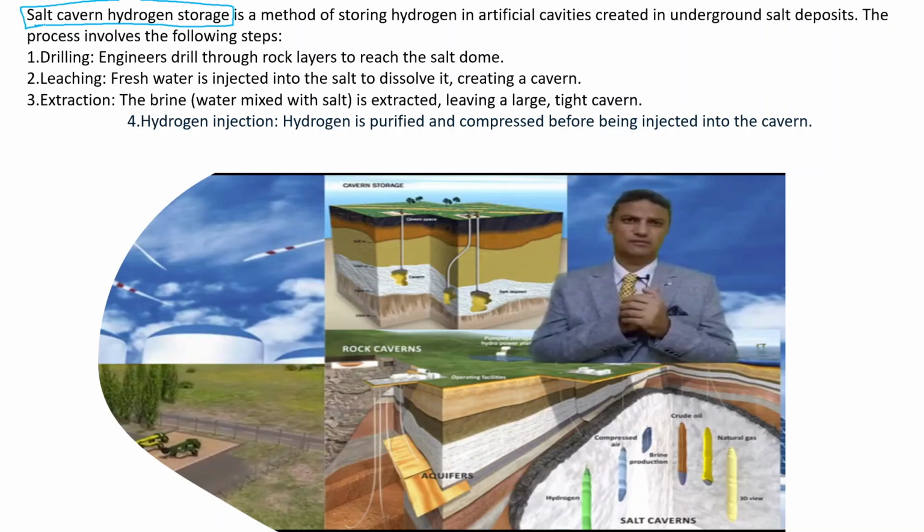Does anyone of you know how the salt cavern hydrogen storage works, or what the working steps of salt cavern hydrogen storage are? We know that the earth crust is a combination of different layers. There is an upper clay layer, and below the clay layer there are different salt layers or rock layers.